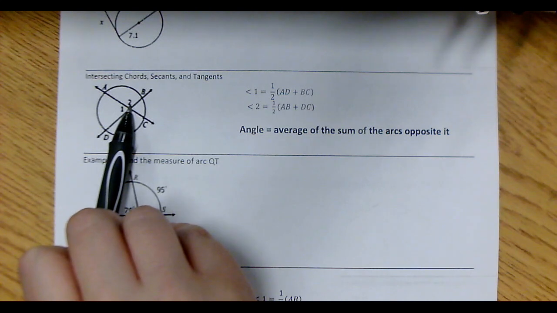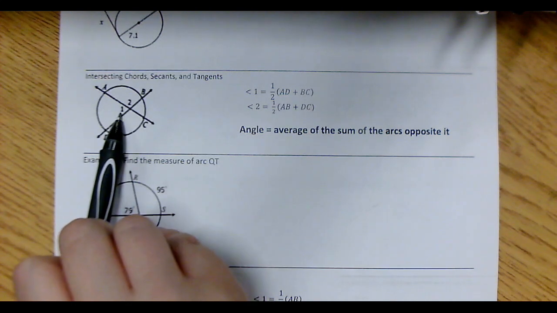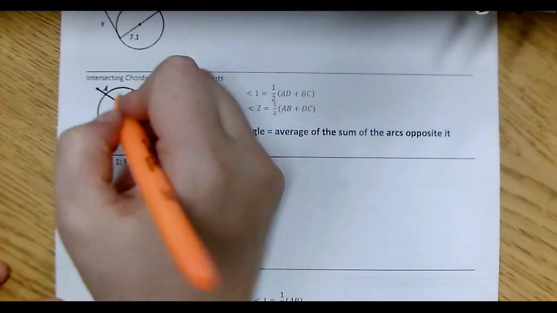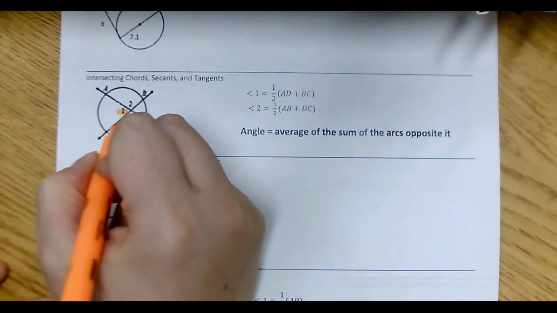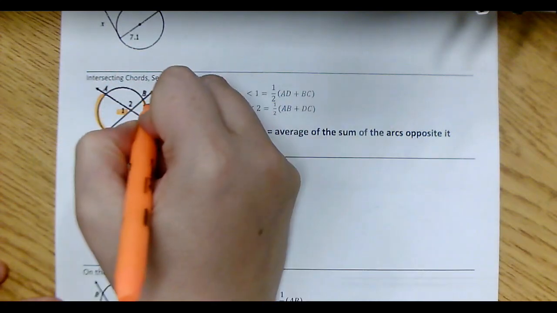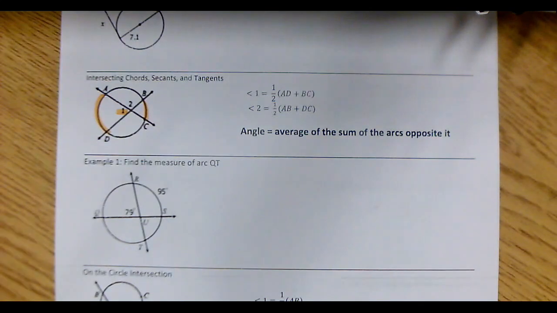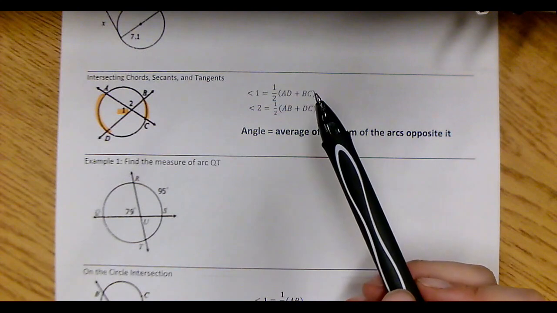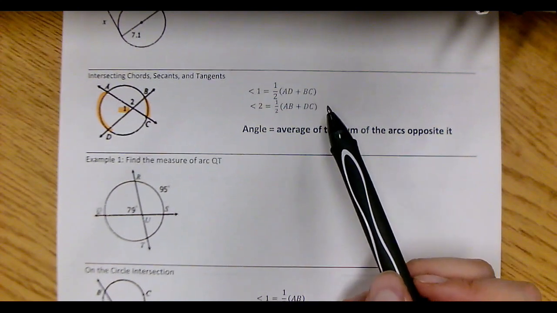So the big deal here, if you want to find this angle measure, you have to take the average of the sum of the arcs that are opposite that angle. So for instance, and I'll color code this for you, the arcs that are opposite angle 1 would be arc AD and arc BC. So we would add those two together and then divide it by 2 or multiply by half, it's the same thing.